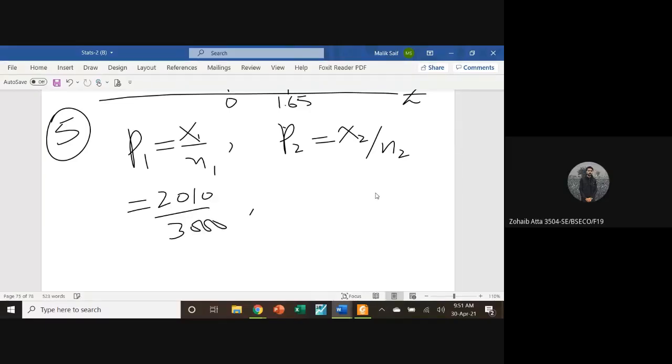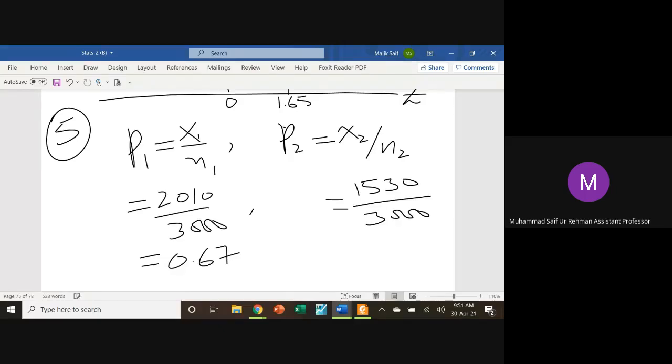That gives 0.67. Very good. And this is 1530 divided by 3000, which is 0.51.